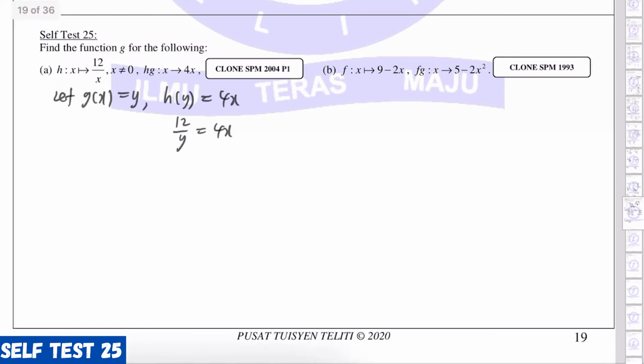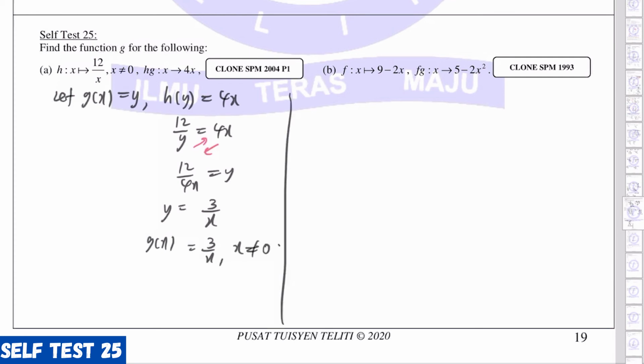I would hope that you can do this in one step. So this will be 12 over 4x equals y, and your y is 3 over x. Now your y will be your g(x), and your g(x) equals 3 over x, where x cannot be 0.